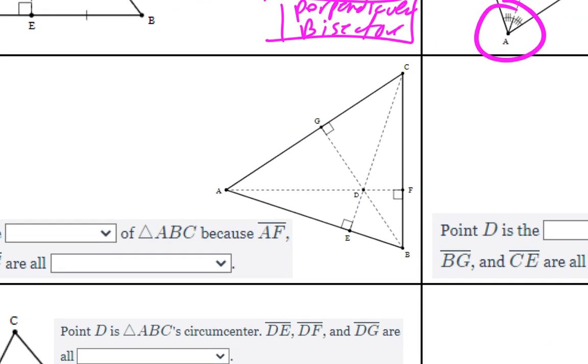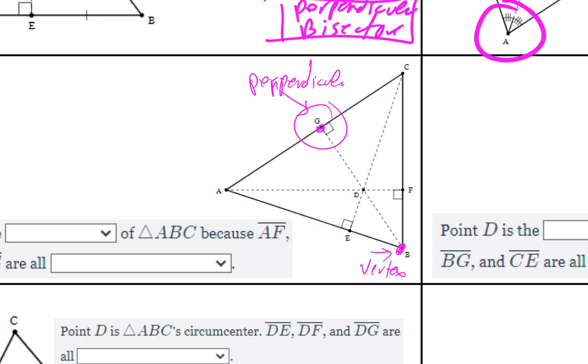Okay, what about this one? What do we notice? This tells us it's perpendicular, right? That's one end. What about the other end? The other end is right over there, right? So it goes from the perpendicular to, on each of these, that's the vertex, right?